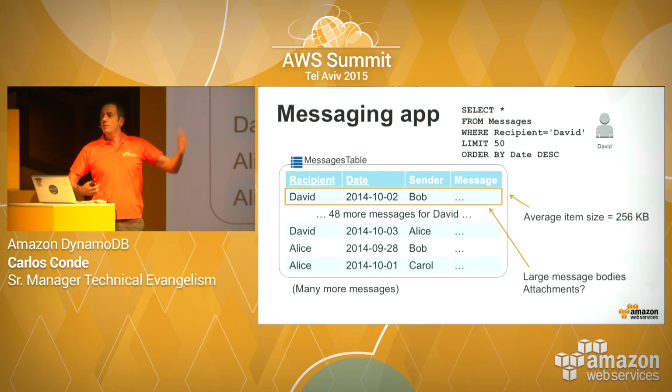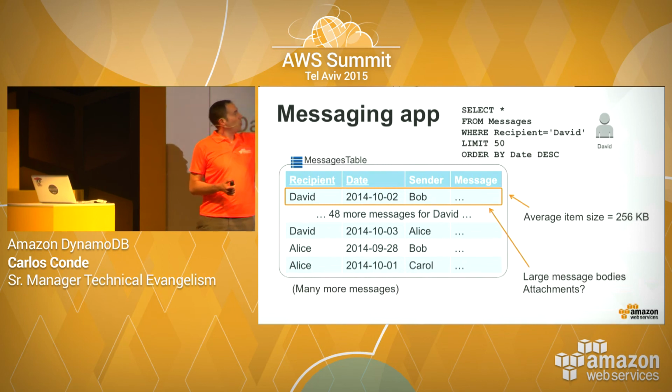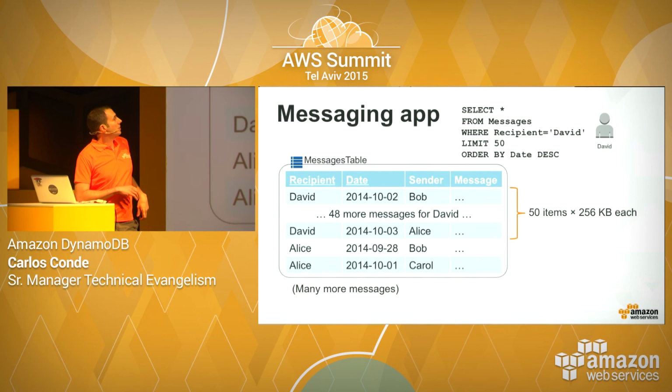It's like long text of messages that you send from one user to another. So basically, you have to multiply 256 kilobytes per number of items that you are getting. So if you are retrieving 50 of those, it's going to be 256 kilobytes times 50 items, and you're going to probably burn all your read capacity units for that second already.